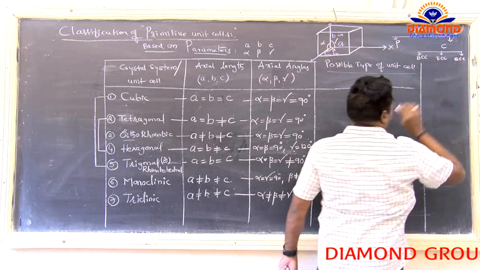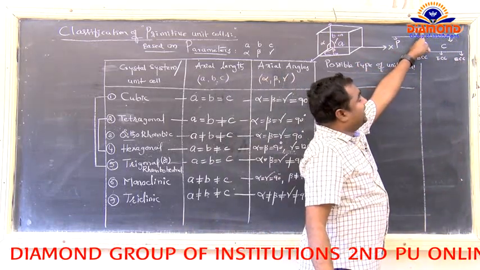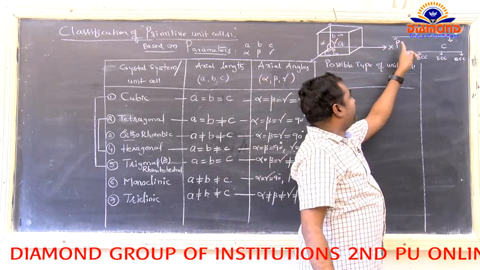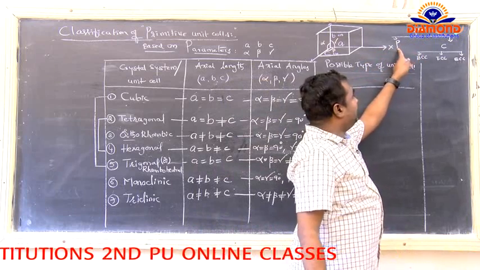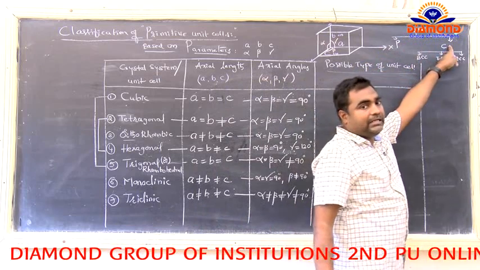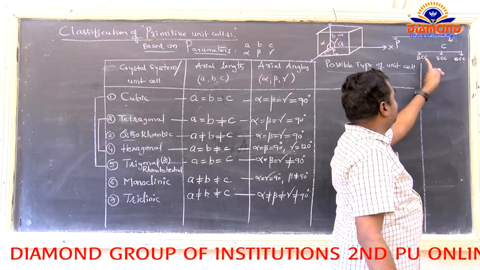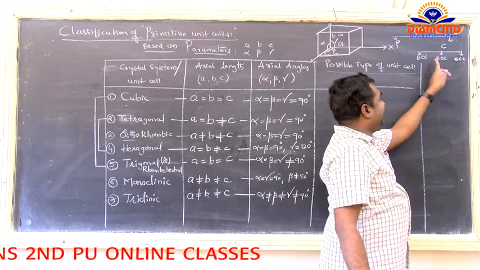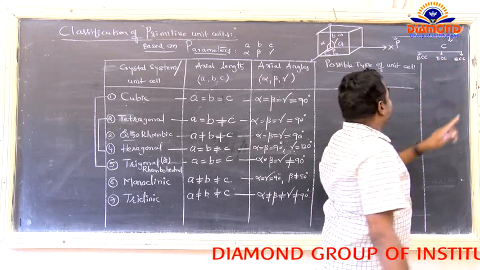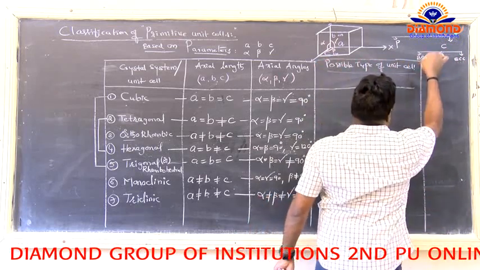Already we discussed this earlier. So here the unit cell is classified mainly into two types. The first one is a primitive unit cell. The second one is a centered unit cell. Next, the centered unit cells are classified into three types: BCC, FCC, and ECC.